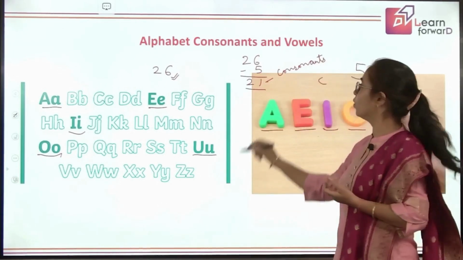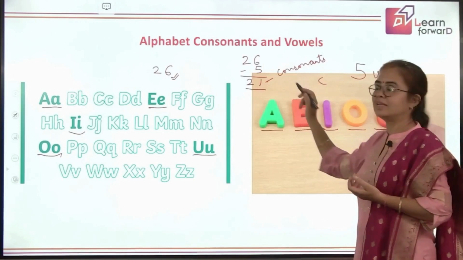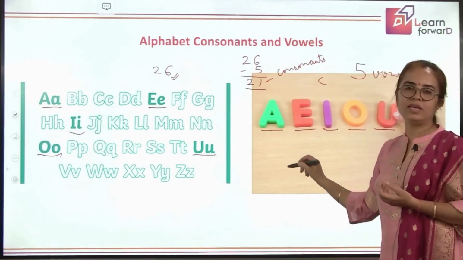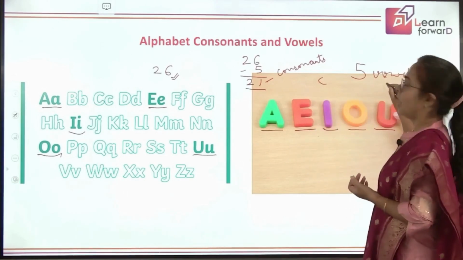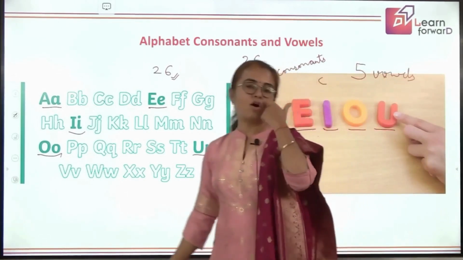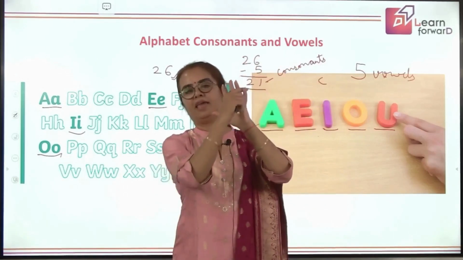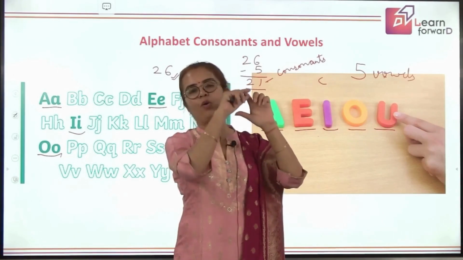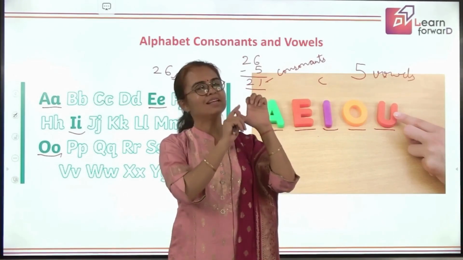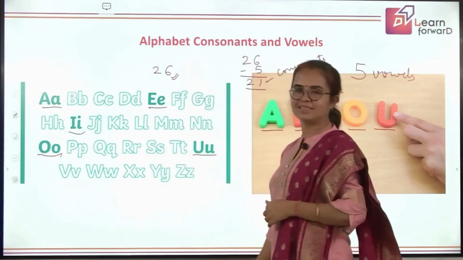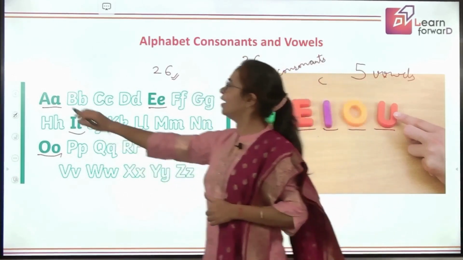Yes, they are called consonants. And these 5 special letters that help you in giving sounds, they are called the 5 vowels. So let's just call them out again. A, E, I, O, and U. So these are your 5 vowels, right? Good. Let's move ahead now.